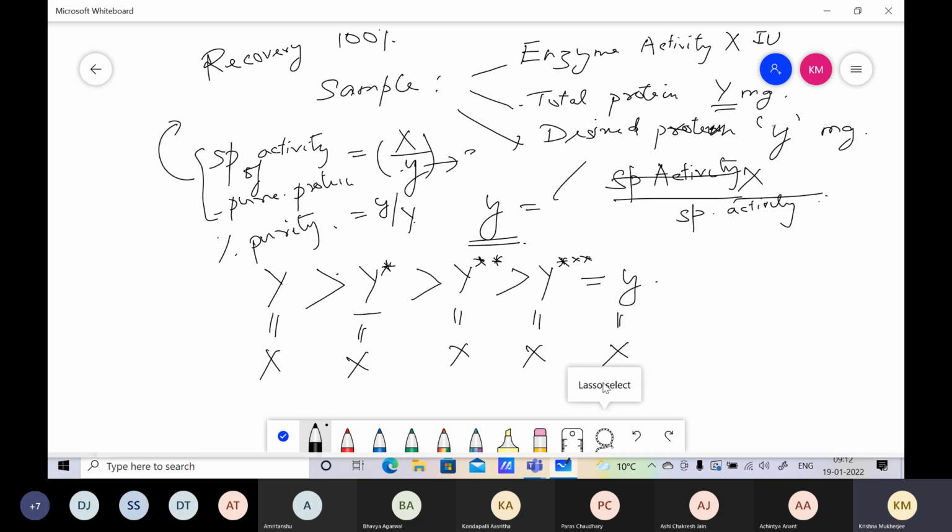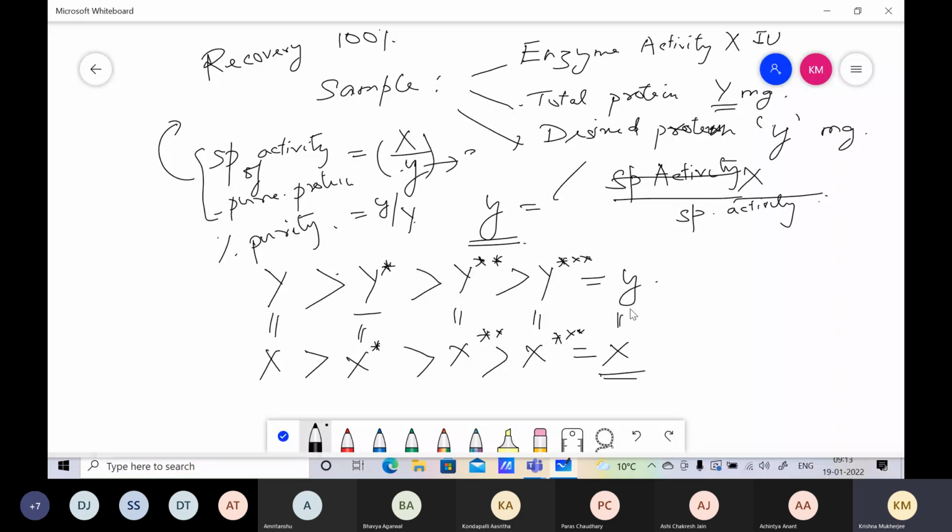Now, unfortunately, this is not true, because X is usually higher than X star, which is usually higher than X double star, which is usually higher than X triple star. Let us say this is the final situation, which is the final yield.